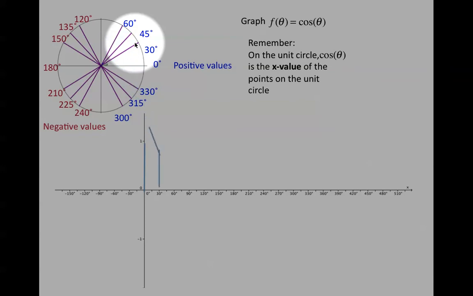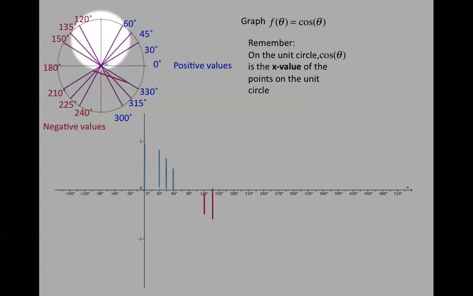Same with 45, 60, and 120. Now that's the first negative one. I'll back that up just a minute. 120 is in the second quadrant, so the cosine value, or the x value on the unit circle, is negative. So we're going to plot that on our new graph below the horizontal axis.